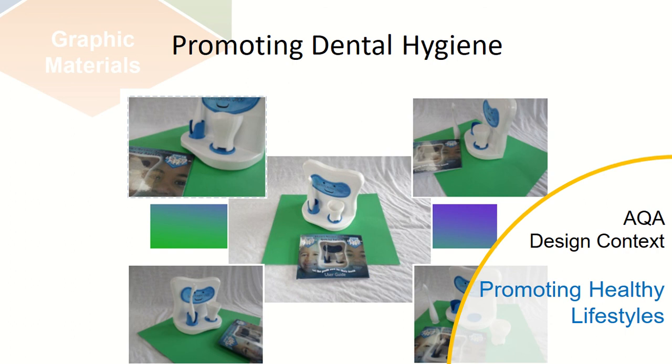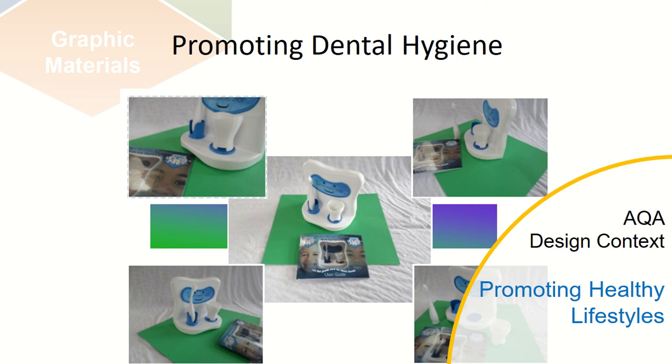Likewise, this student chose the same context, but took it in a different direction. Here you can see that they chose to address the issue of trying to encourage good routines and habits in young people with regards to brushing their teeth. The model, or the final outcome, is an MDF model which just shows the appearance of what would be an electronic product.